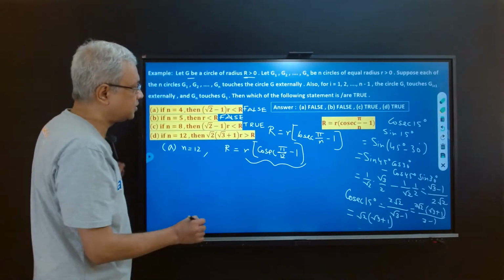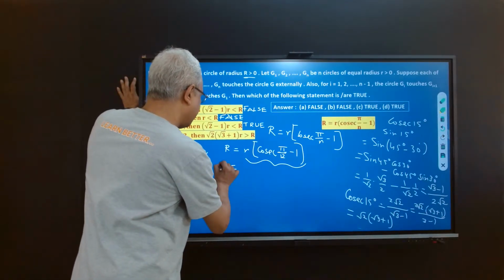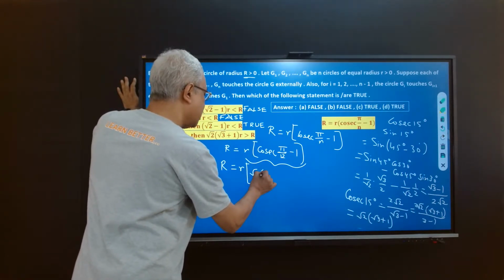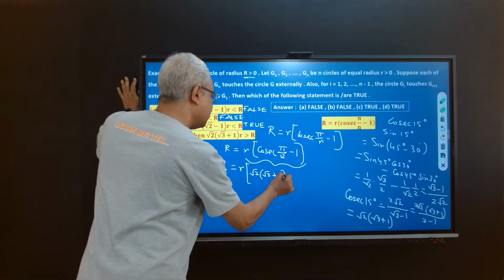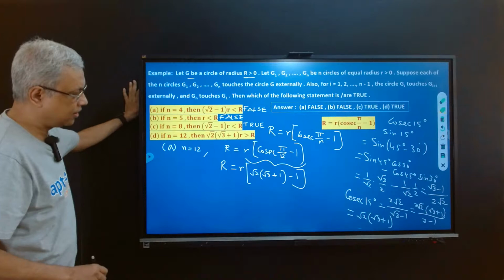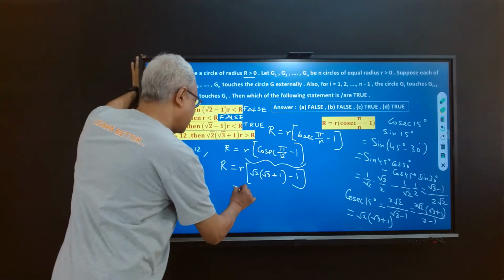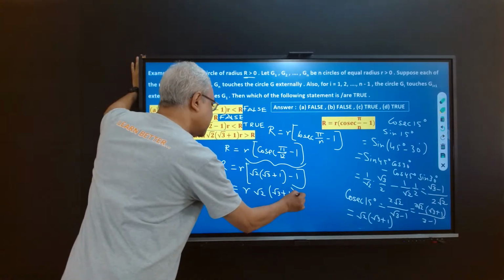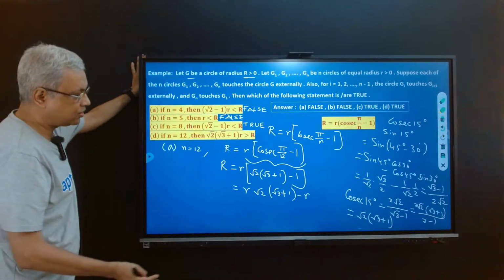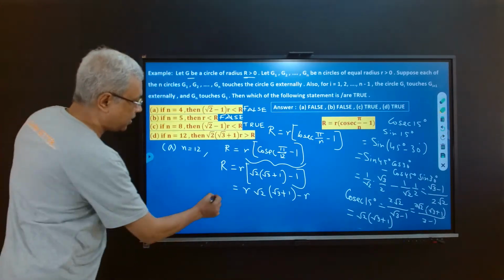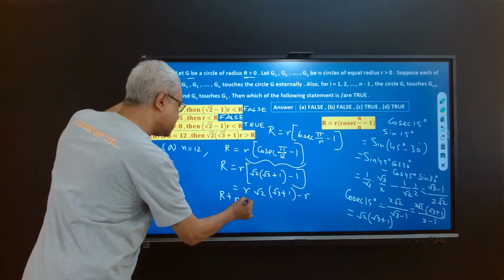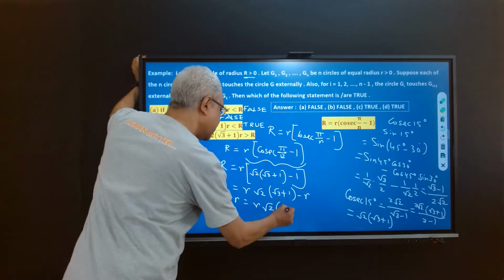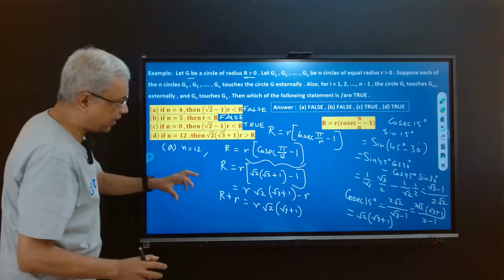So I am having this thing. I can write capital R is equal to small r times root 2 into root 3 plus 1, minus 1. So it is r times root 2 into root 3 plus 1 minus small r. I can write, take this minus r to the LHS, it becomes R plus r is r root 2 root 3 plus 1. So what can I get?